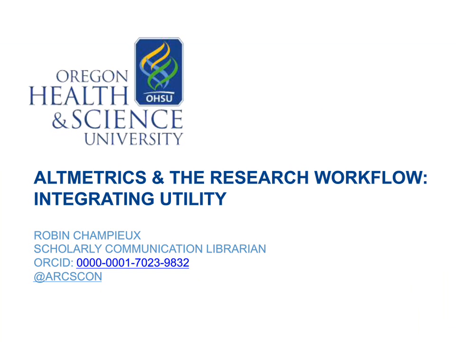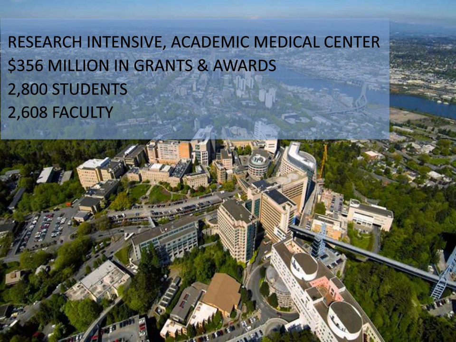As was just mentioned, I am the Scholarly Communication Librarian at Oregon Health and Science University, and I've been leading our work with metrics and impact assessment since about 2013. Before I dive into the work we've been doing, I want to give you some context about OHSU.